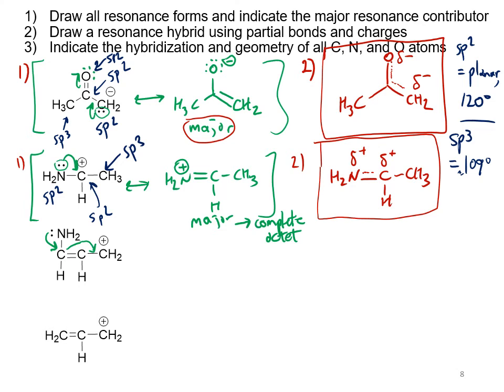And so the resulting resonance contributor has a single bond here, positive charge on nitrogen, double bond character here, CH2, and so we end up with, oops, forgot an H.